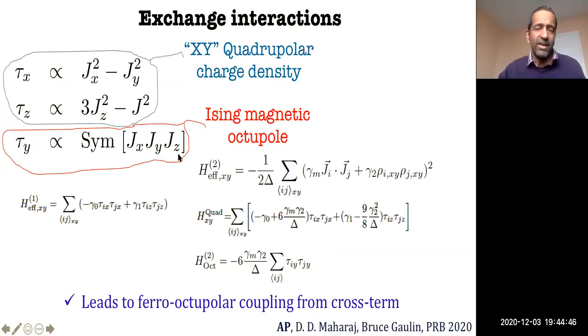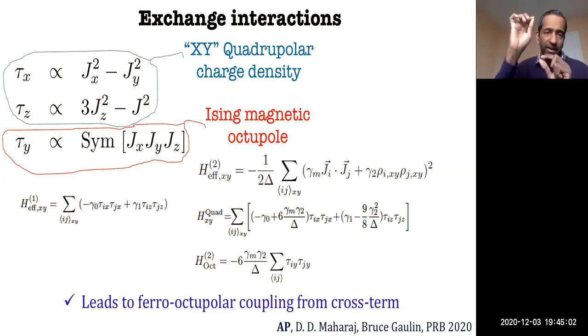You would think this should be very subdominant. But in fact, that's not quite correct, because even though you can write down an operator like this, it can't do anything. If I look at a site j, the j operator at a site can only excite you from the doublet into the triplet.